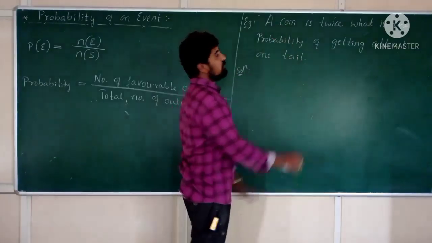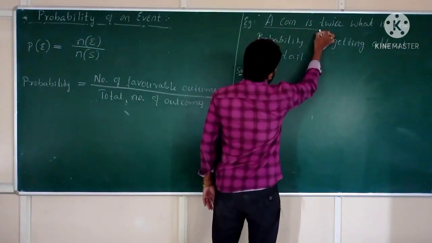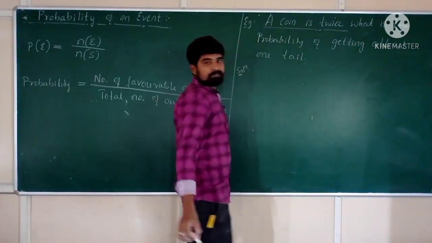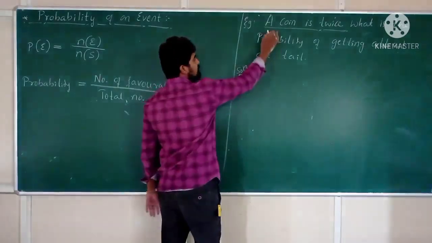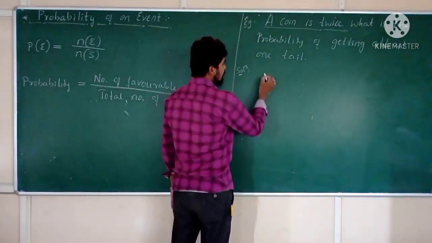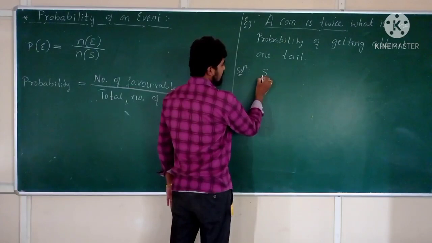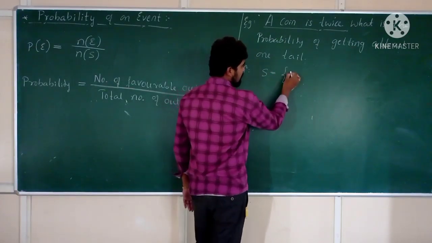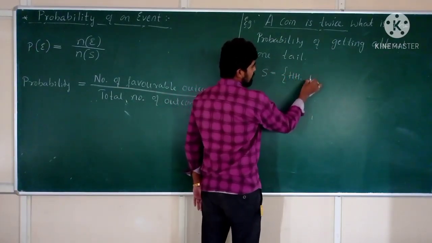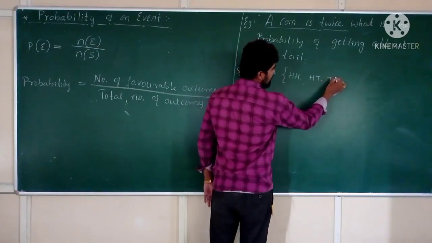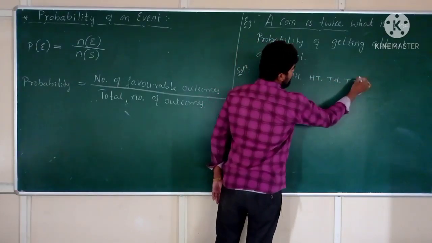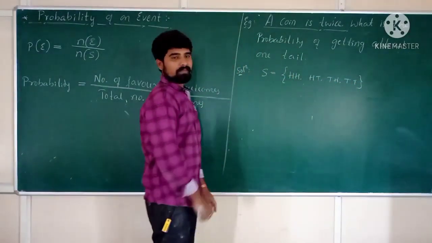Here the given random experiment is a coin is tossed twice. Therefore, the sample space associated with this random experiment is given by S is equal to HH, HT, TH and TT.